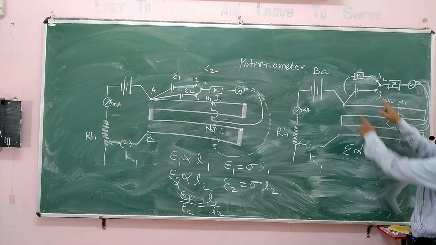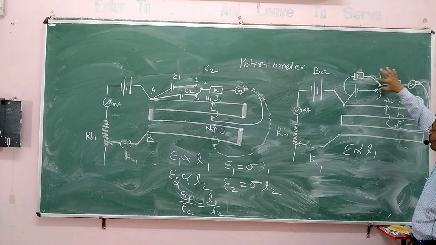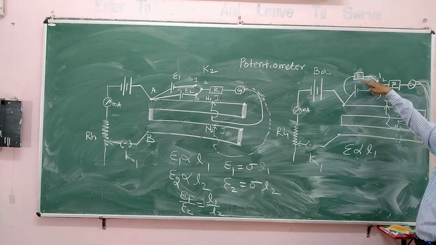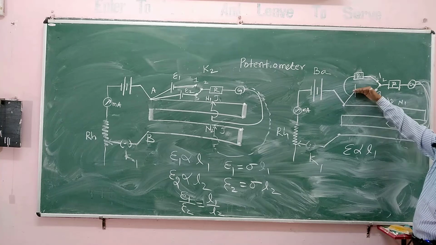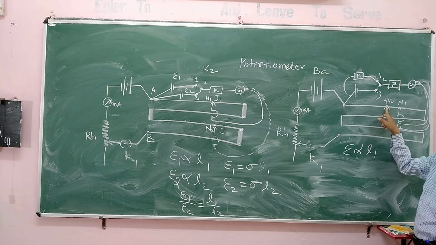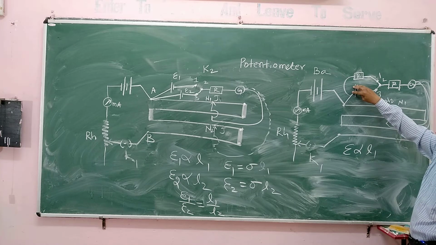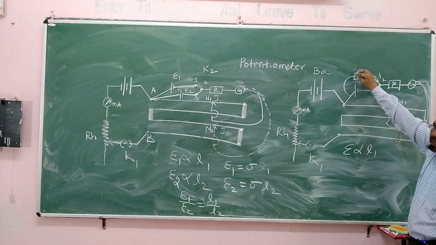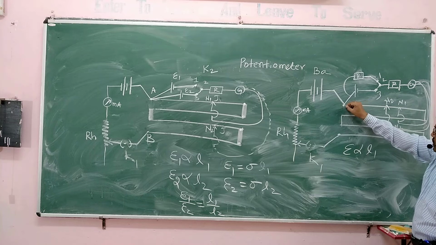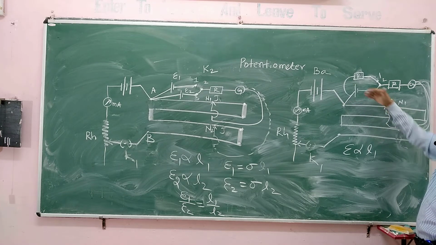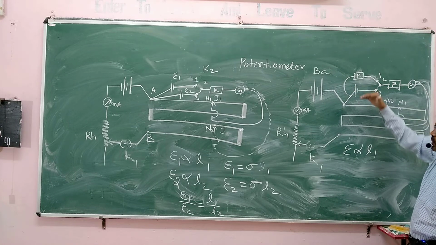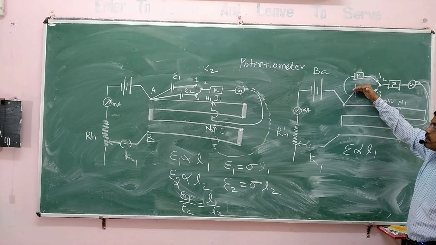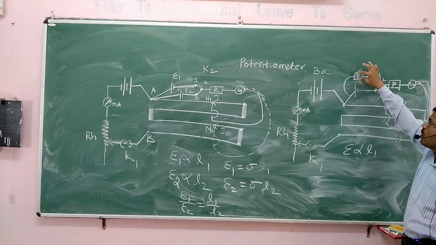This time, when the resistance is taken and both are connected here, all the EMF does not fall on the wire. Some part of the EMF falls across this resistor. I repeat, when resistance is taken and the jockey is moved over the wire, all the EMF of the cell does not fall on this wire. Some part of this EMF, the potential difference, falls across the resistor.